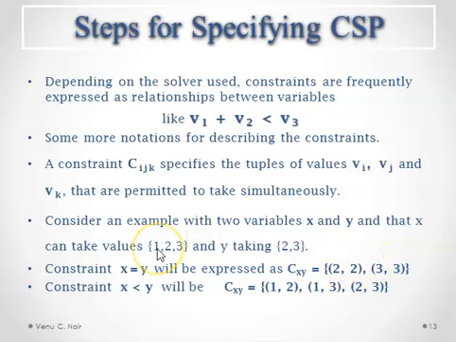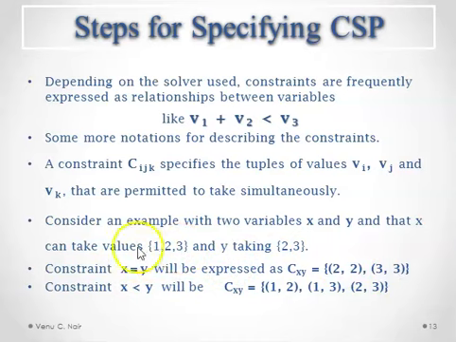Because 1 is not possible. Why? Because there is no value 1 corresponding to y. We should take only the values where x and y have equal values. So 2, 2 and 3, 3 are the only possibilities available with this constraint.